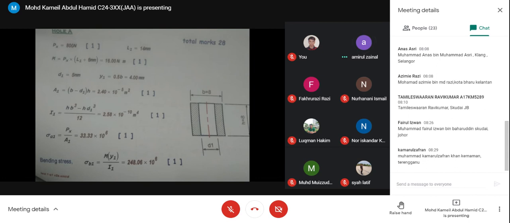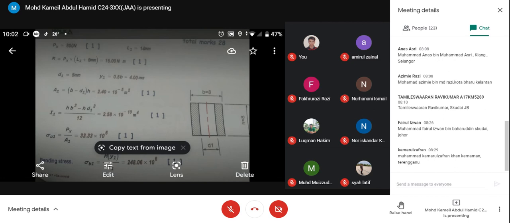Doktor. Ya. Macam mana dia dapat B sama dengan 8 tu? Kat gambar rajah tu. Okay, B sama dengan 8 dengan H sama dengan 8 tu ialah the dimension of the shaft tu, shaft S2 dia panggil, kan yang tengah-tengah punya shaft yang panjang tu. Dia punya dimension is 8 times 8.